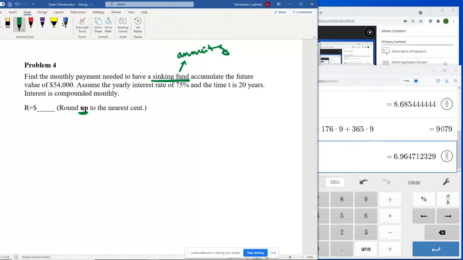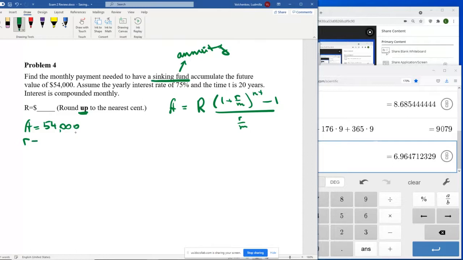So the annuity formula: A equals regular payment times 1 plus r over m raised to the power mt, minus 1, divided by r over m. What is given in the problem? Future value A is 54,000.